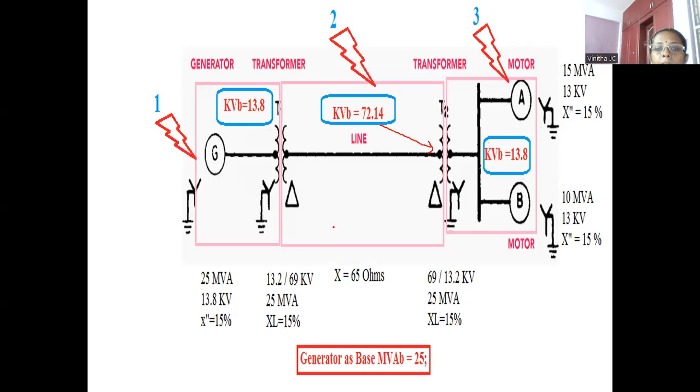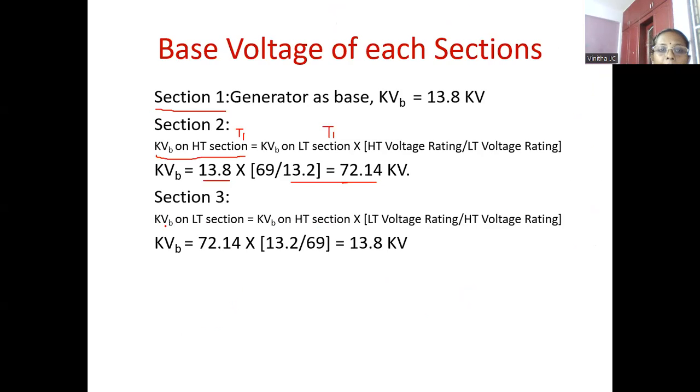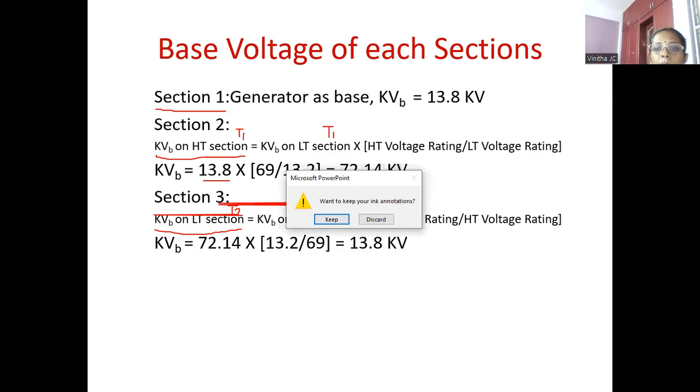The formula is nothing but kVB on LT side of transformer T2. The formula is kVB on HT side of transformer T2 into LT voltage rating divided by HT voltage rating. Okay, this formula we need to apply.